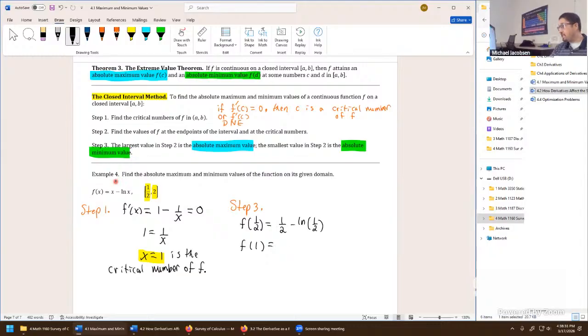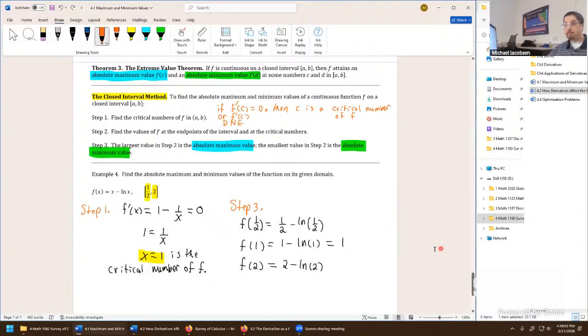It's just going to be 1 minus natural log 1. But the natural logarithm of 1 is 0, so this is exactly 1. The next number we check is now f at 2. F at 2 is going to be, plug it inside here, 2 minus natural log 2. And I was going to say equals, but I have no clue what that's directly equal to.